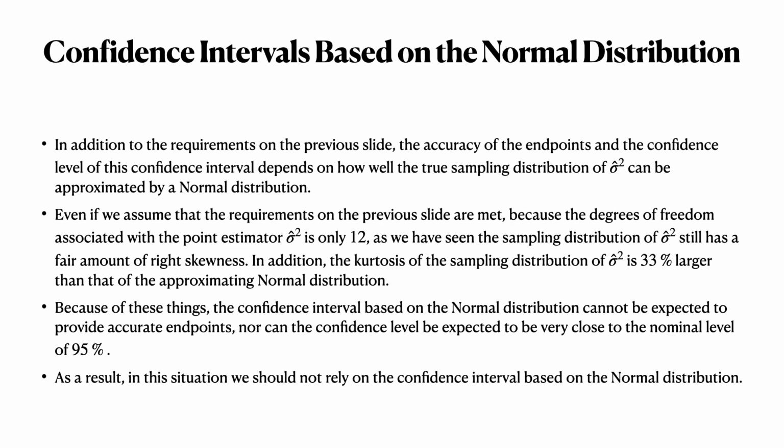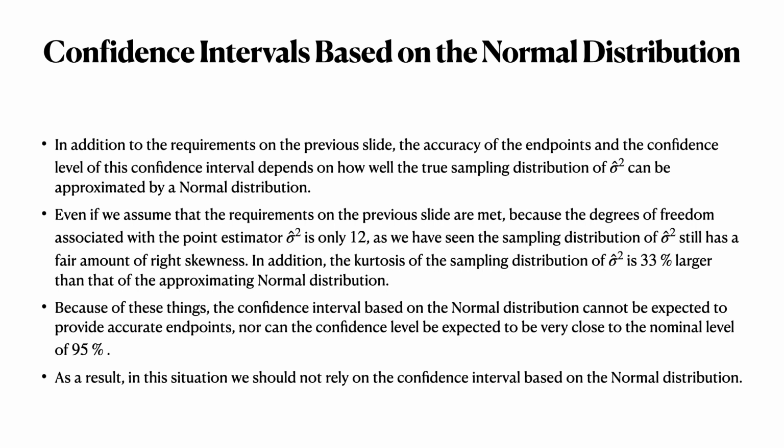Even if we assume that the requirements on the previous slide are met, because the degrees of freedom associated with the point estimator sigma hat squared is really not that large, only 12, as we have seen, the sampling distribution of sigma hat squared still has a fair amount of right skewness in it. In addition, the kurtosis of the sampling distribution of sigma hat squared is 33% larger than the kurtosis of the approximating normal distribution.